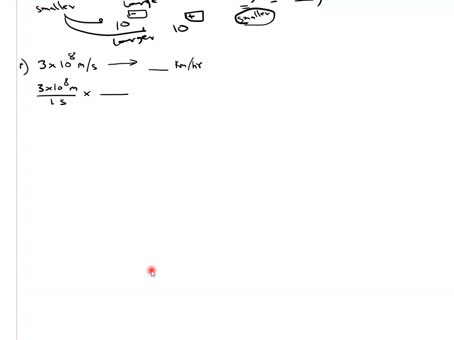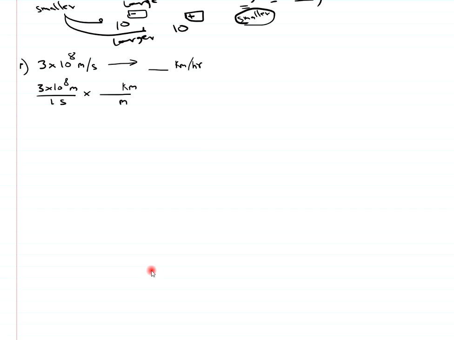When we set up dimensional analysis, we have to be sure that it is set up in such a way that progressively the units get cancelled and you finally land up with the units that you want. Now I want kilometer here first of all, so I am going to convert this meter into kilometer.